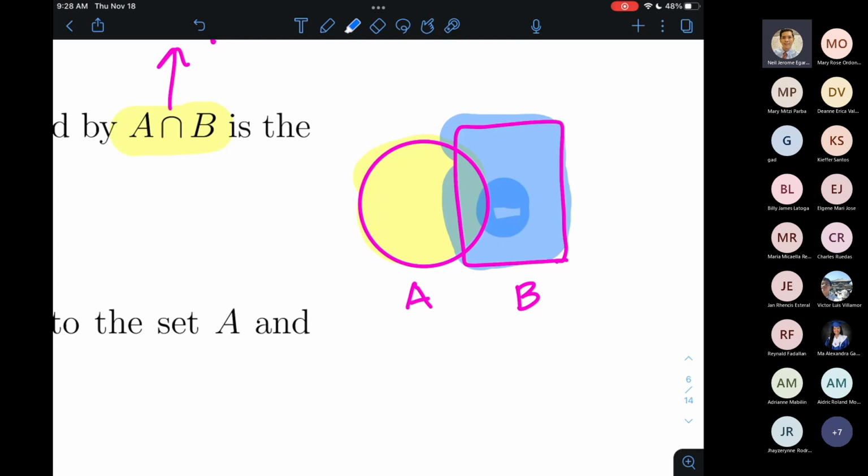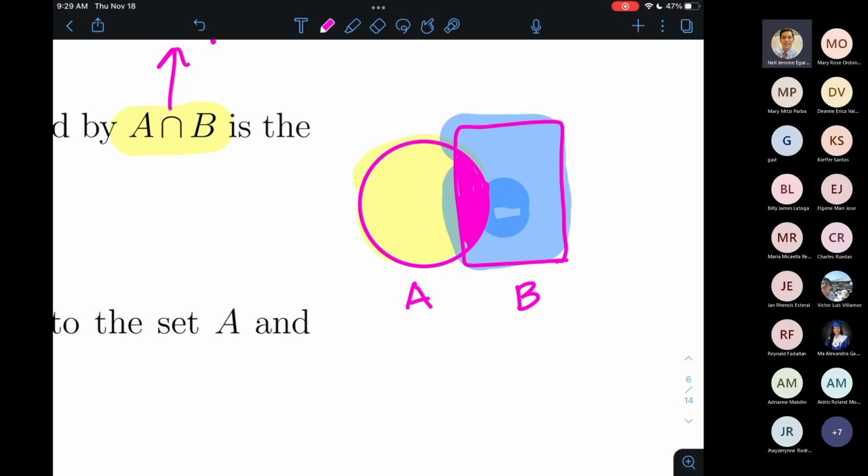Para maging element ng intersection, dapat na shade ka ng kulay yellow at na shade ka rin ng kulay blue. Kasi ang usapan, dapat member ka ni A at member ka ni B. So ibig sabihin yung intersection, ito lamang. The common elements between A and B. Okay? Dapat na shade ka twice.